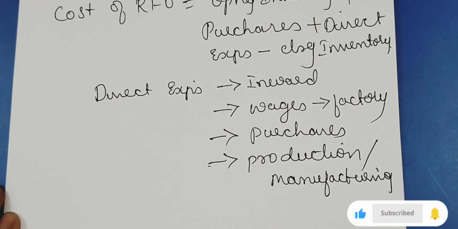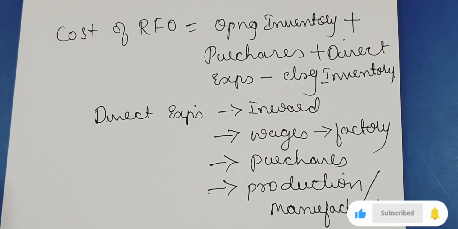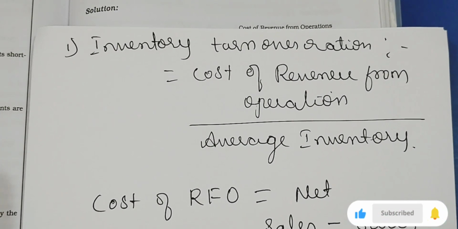Now let us understand by solving one question with an example. The question is, from the following information calculate inventory turnover ratio.